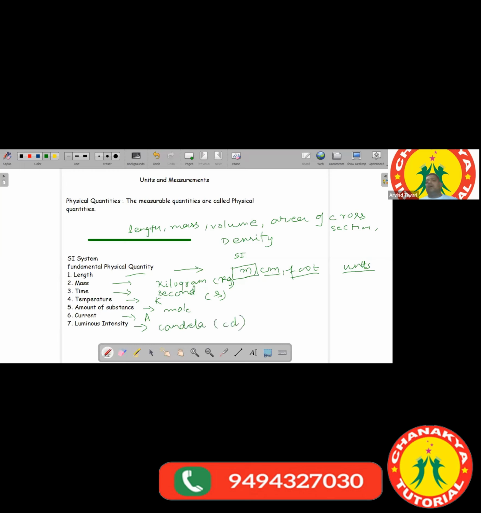Okay. Now, to measure length, we use meter as the SI unit. So, of course, we should also define what 1 meter should be. What distance shall we call 1 meter? 100 centimeters.